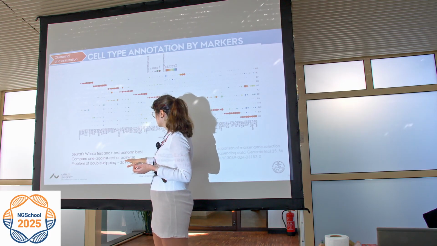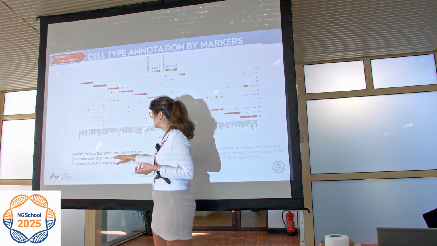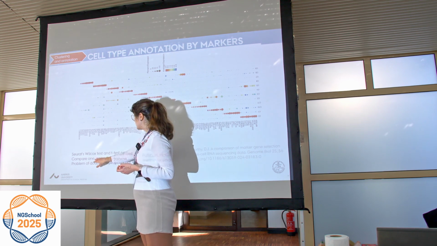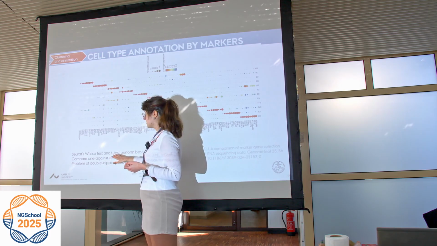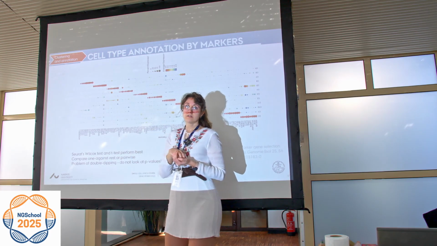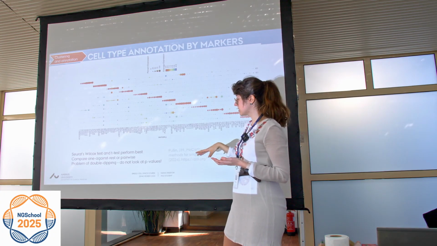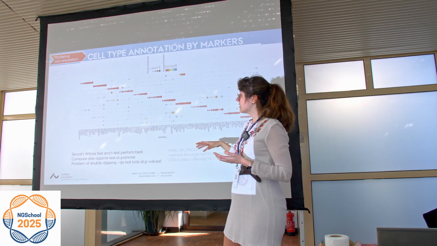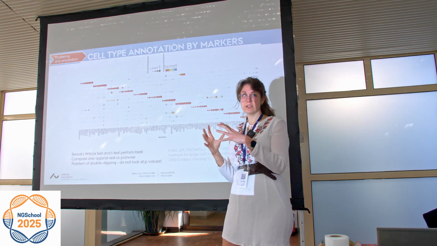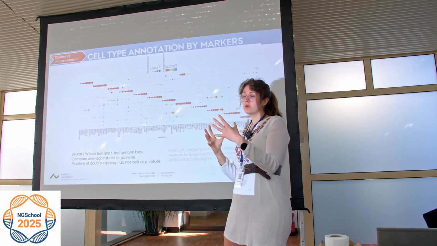Also, it's possible to do pairwise, but you need to be aware that once you're using one against rest, you're comparing your target population with all the rest of the cells in your sample, and therefore sometimes some cell type is overrepresented.